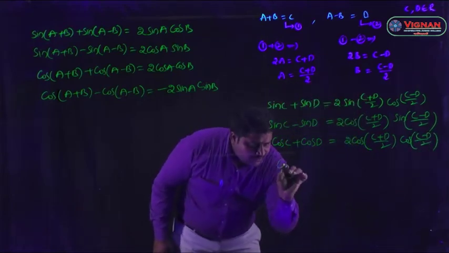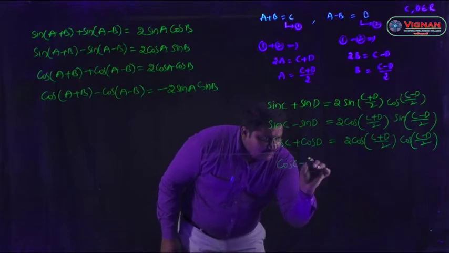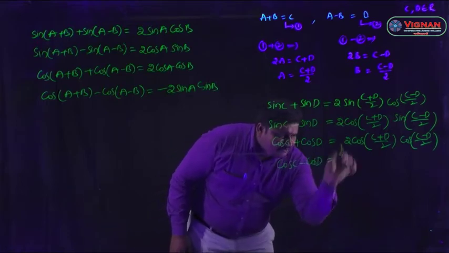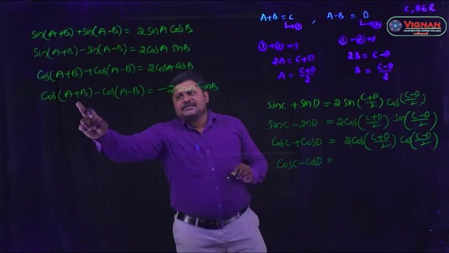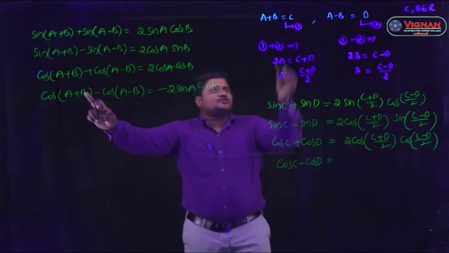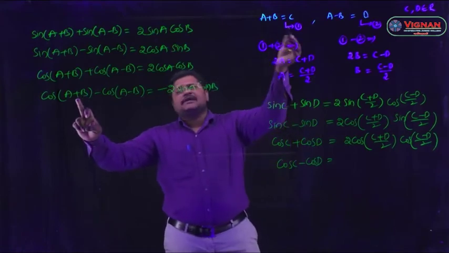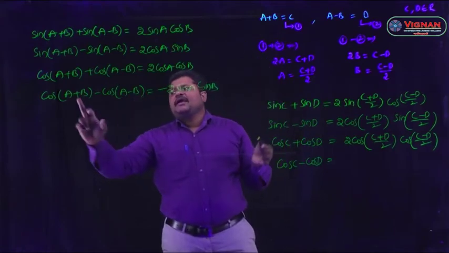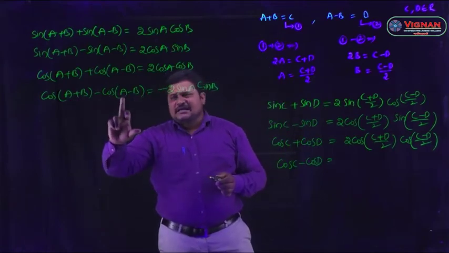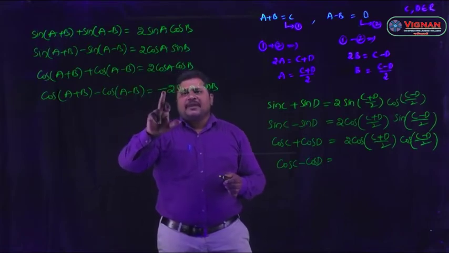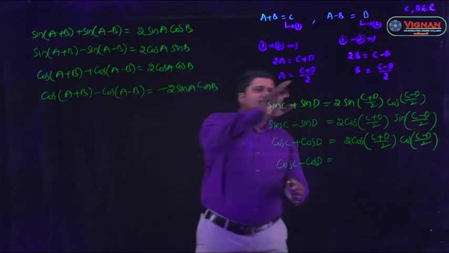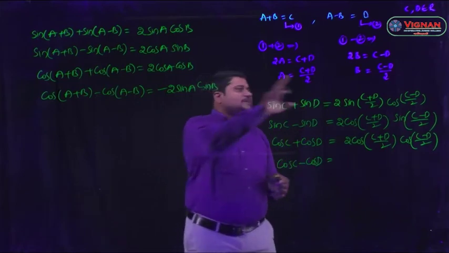And another formula, cos c minus cos d. Here a plus b is equal to c and a minus b is equal to d. We put a plus b equal to c and a minus b equal to d. Then cos c minus cos d is equal to minus 2 sin a, where a means c plus d by 2, and b means c minus d by 2.